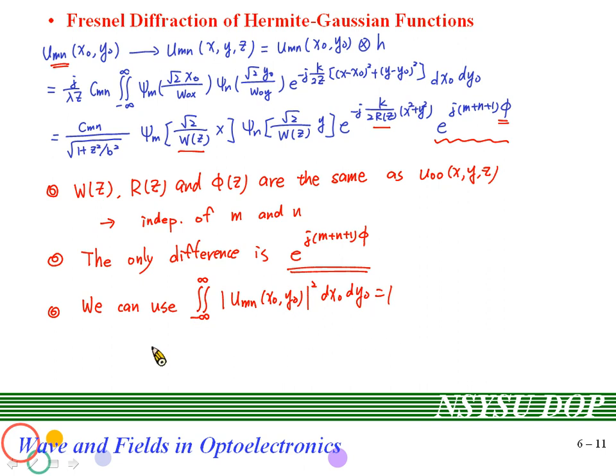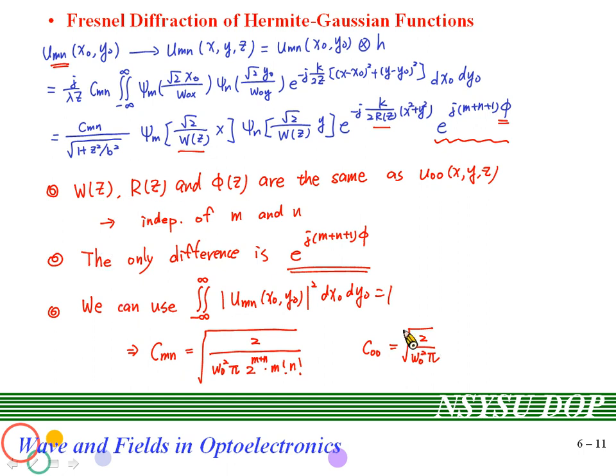By setting this, we have that the parameter for the Umn function will be in this form. According to this expression, we can find that the parameter C00 for U00 will become the square root of 2 over W0 square pi.